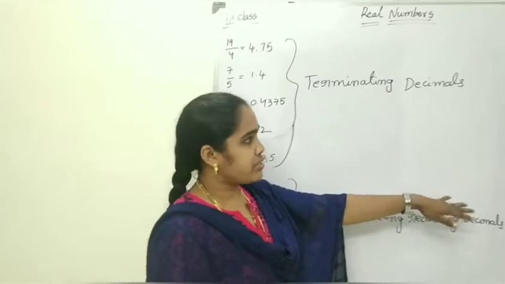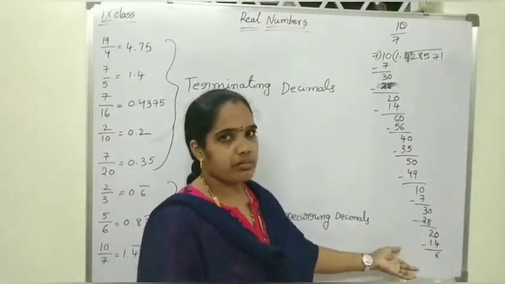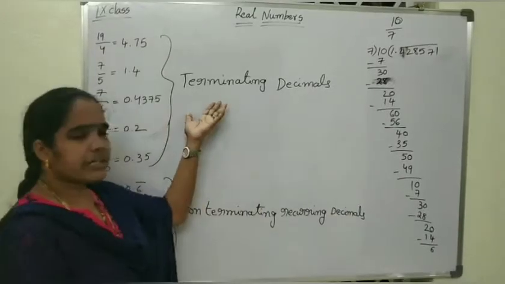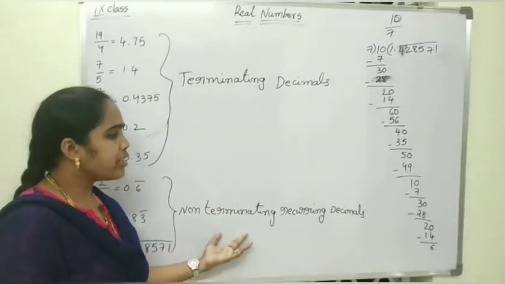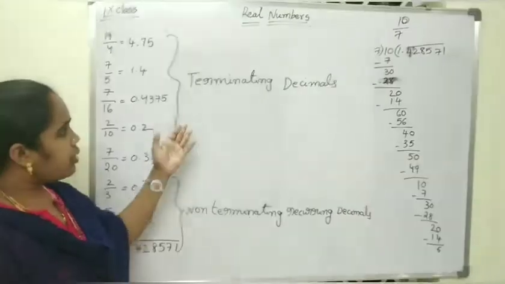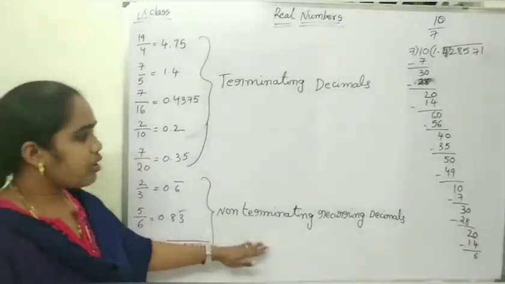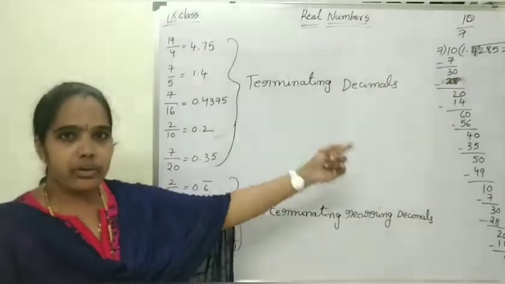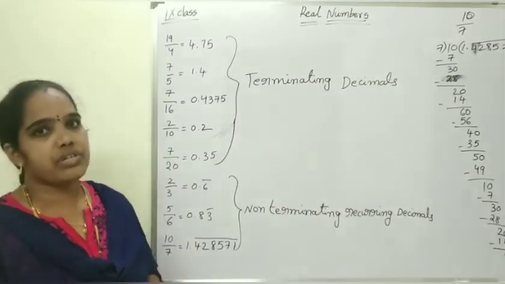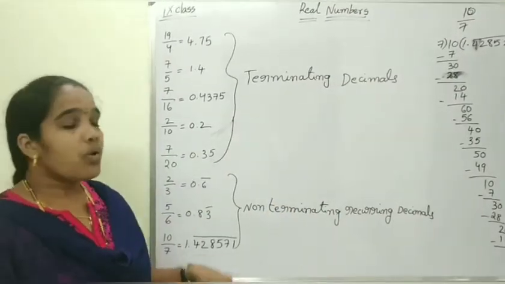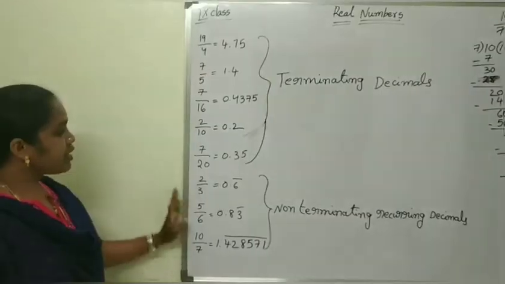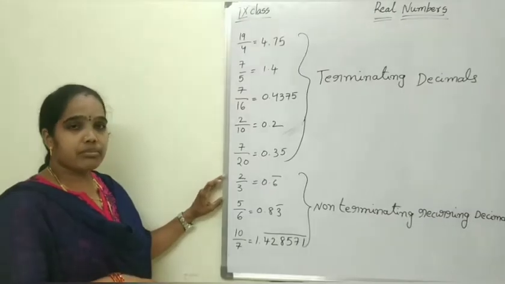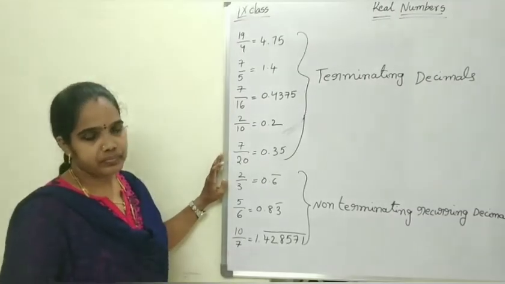By doing divisions, we are telling whether it is a terminating decimal or a non-terminating recurring decimal. Without doing division, just by seeing the rational number, we can say whether it is terminating or recurring.